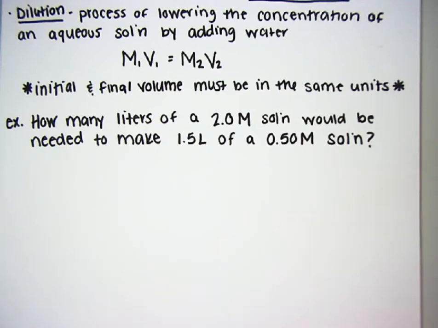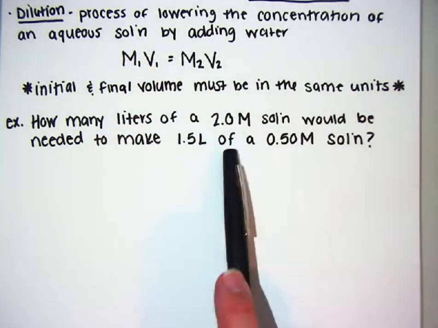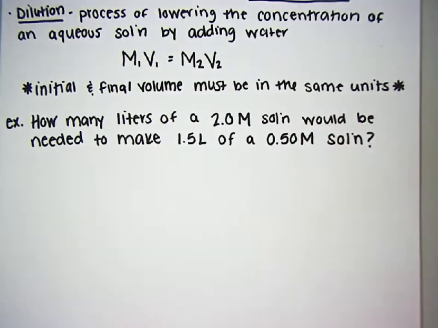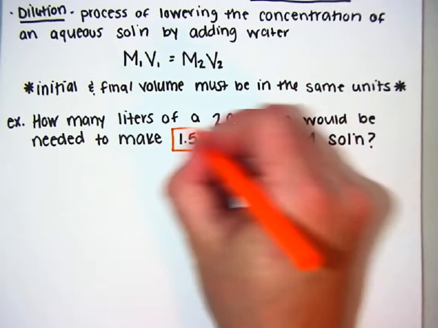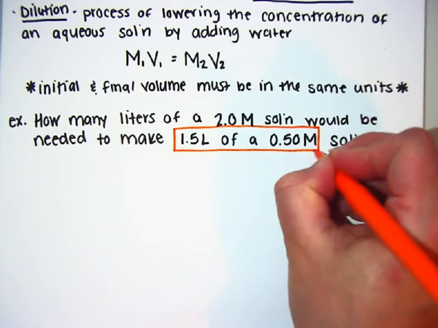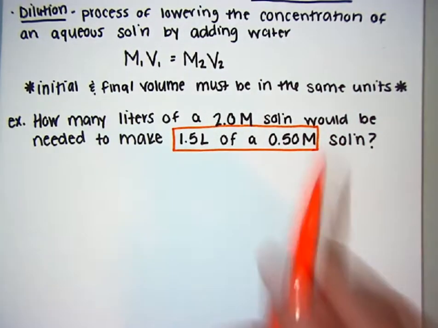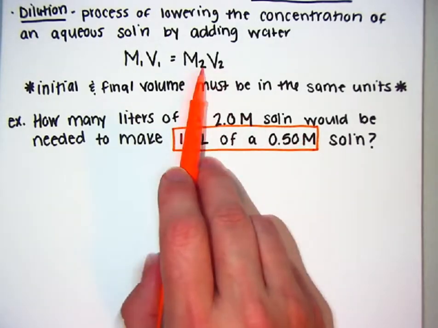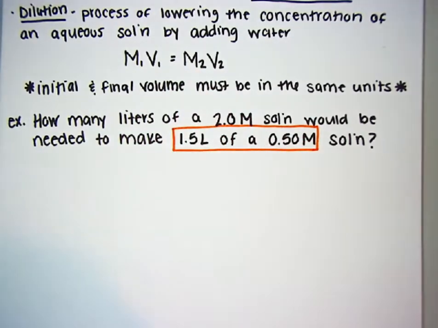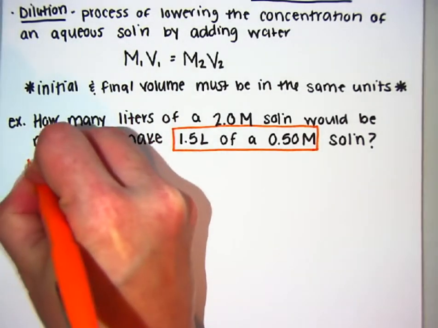The only mistake that I see students really make when we're doing dilution calculations is not putting the correct molarity and volume together. "Of a" is like your giveaway that those two values go together. I want to make 1.5 liters of a 0.5 molar solution. It does not matter whether you make this M1V1 or M2V2 as long as they're on the same side of the equation.